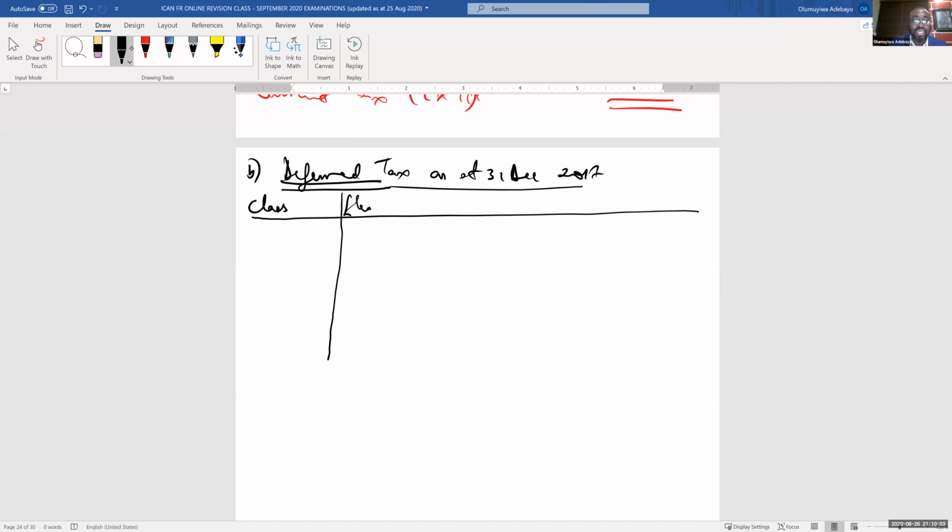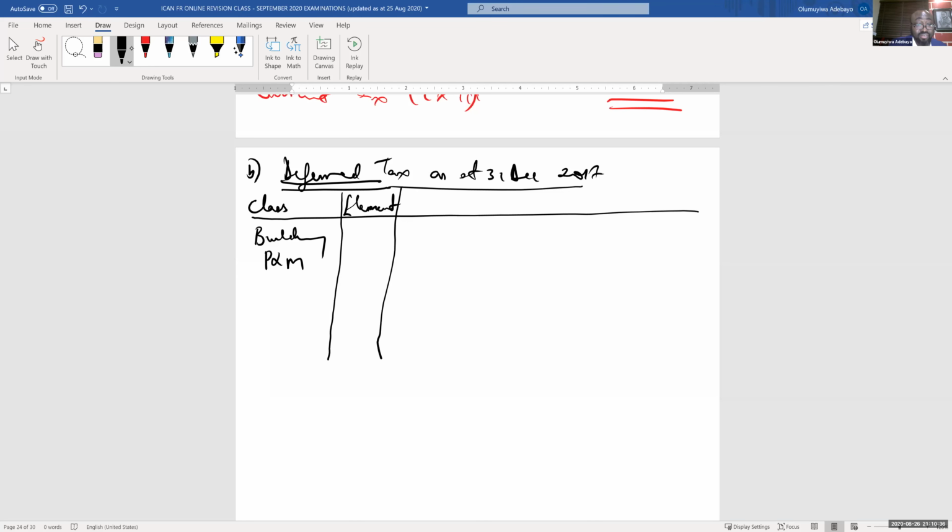Let me look at the elements of the financial statement. Now, what are the items that are in the balance sheet? I'll pick them one by one. Items in the balance sheet. We have building. I have plant and machinery.